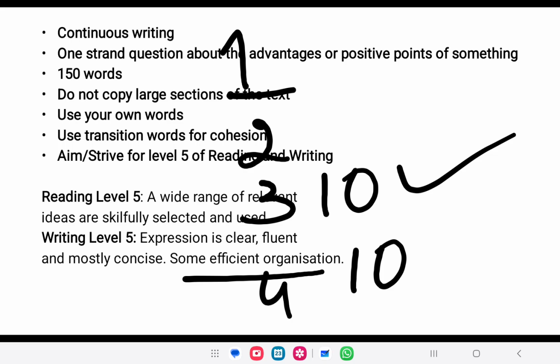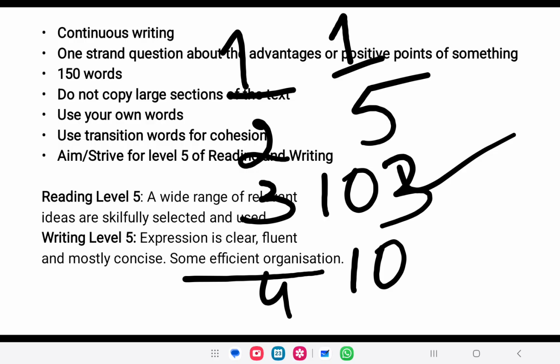Do not take something from paragraph number 1, then 1 point from paragraph number 5 and then 1 point from paragraph number 3. This is a very wrong approach. You have to organize it in an efficient manner, in such a way that it looks cohesive. It must show cohesion. So for that you need to write in chronological order.